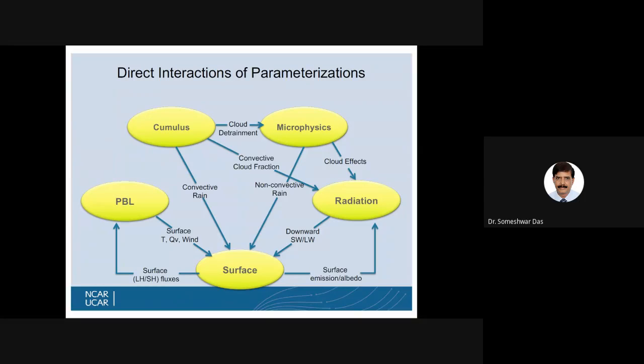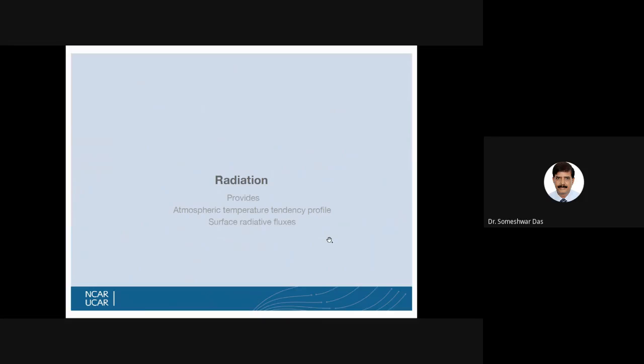The model atmosphere is almost like a real atmosphere, although it is not perfectly real, but we try to mimic it and make it as real as possible. So each of these physical processes also interacts with each other, as it occurs in nature. We shall discuss briefly one by one, starting with the radiation.